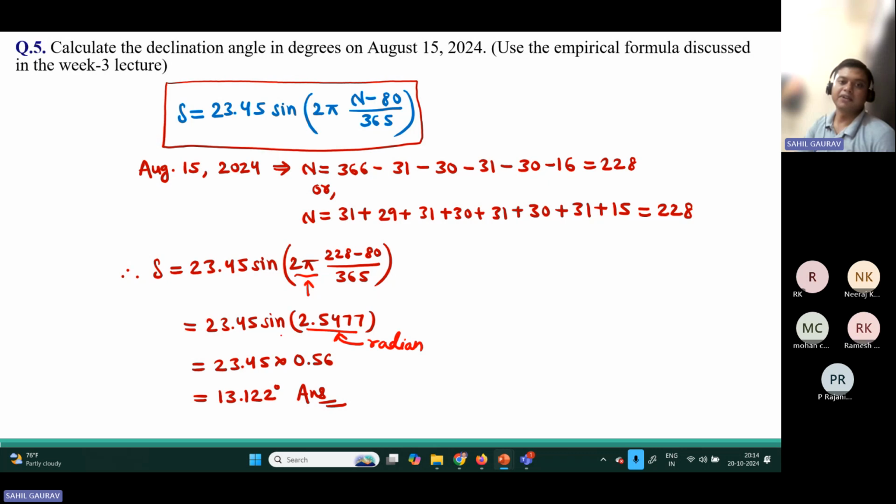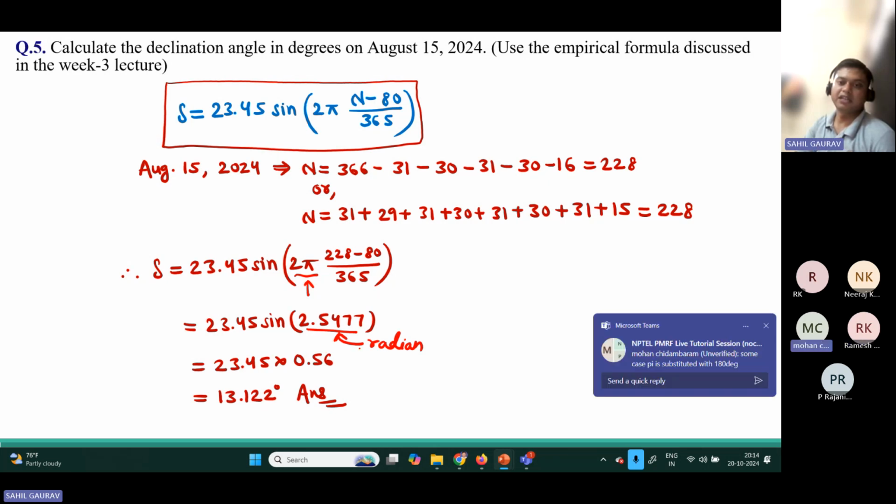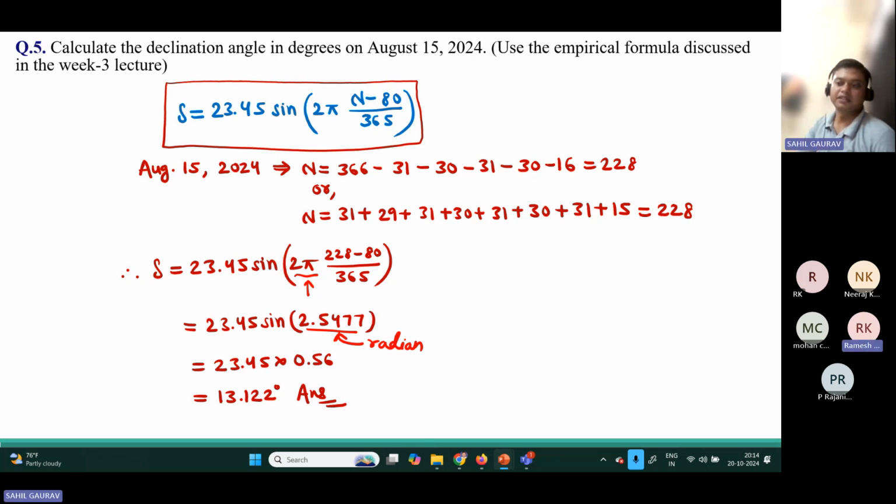And for finding the value of sine with this radian value, you have to set the calculator first, but in the exam they will provide the online calculator, and I think there we always have to convert this radian into degree first.